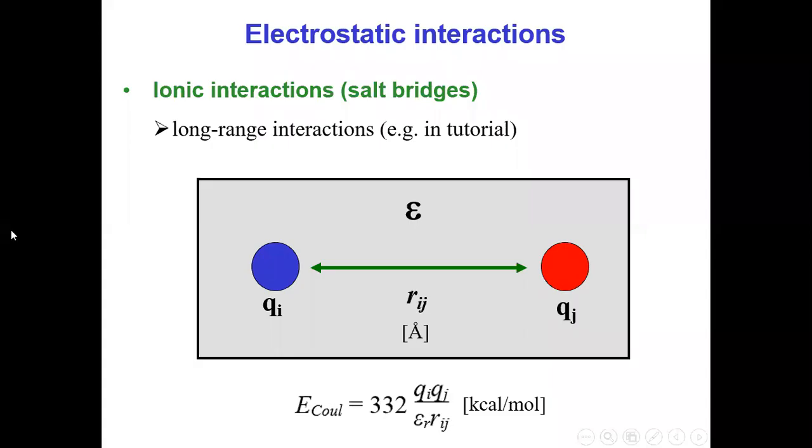If we consider the two interacting atoms to be point charges, we can calculate the energy of the ionic interaction between them by using Coulomb's law, which is these equations that we can see here.